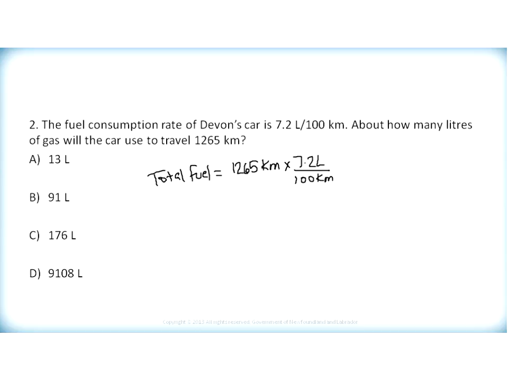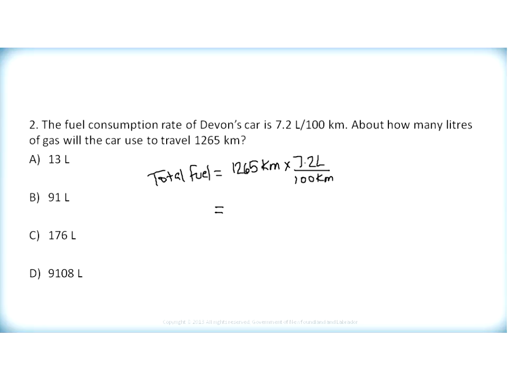per 100 kilometers. So we're actually going to multiply 1,265 kilometers by 7.2 liters and then divide that by 100 kilometers. We do it all in one calculation, but the reason we have to divide by 100 is because we don't burn 7.2 liters per kilometer. It's every 100 kilometers that we burn 7.2 liters.